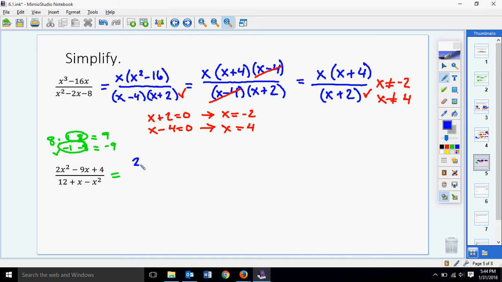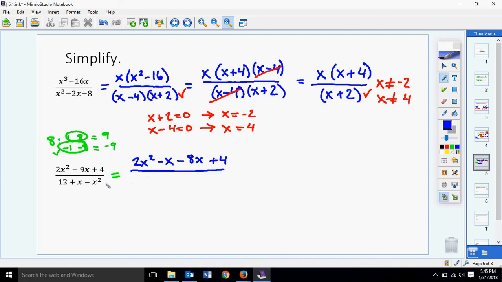So I have 2x squared in the first position, and instead of writing -9x, I'm going to write -1x minus 8x. Remember, those came from the factors of 8 that add up to -9. And then obviously I have my plus 4 on the end.